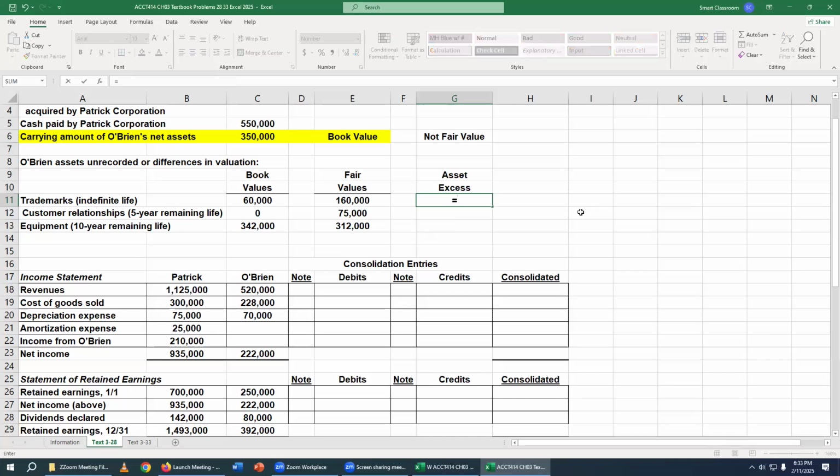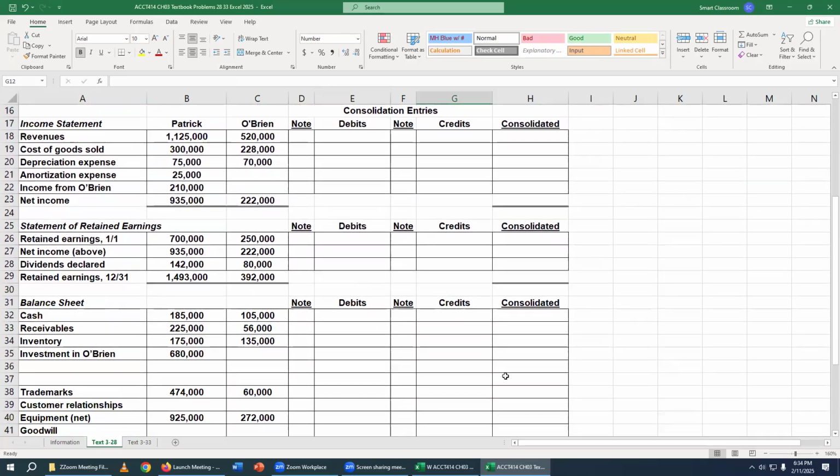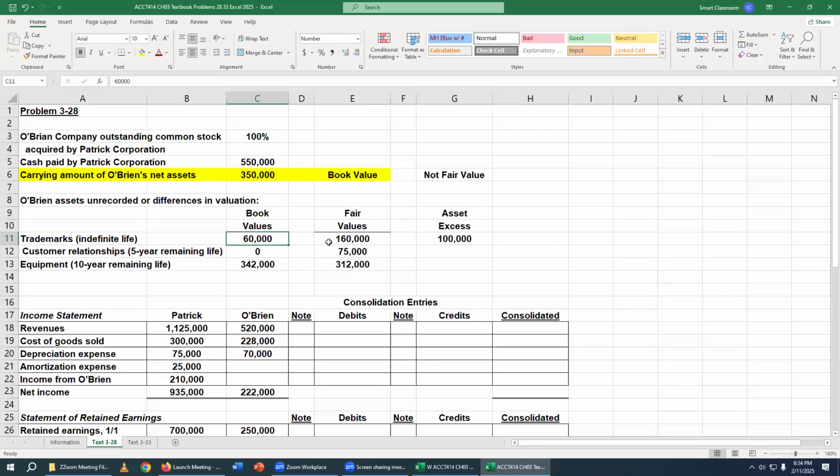Okay, so the trademark fair value is that, and the excess would be 100,000. All right, so the excess of that, and I'm not sure if they say how long that's going to last, but we'll worry about that later.